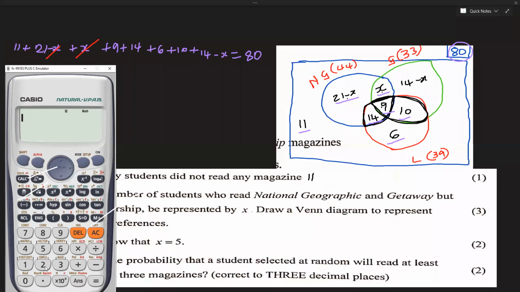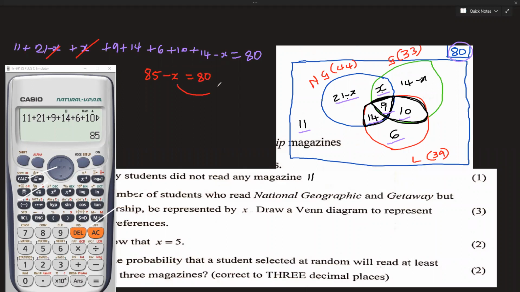Okay, so I have 11 plus 21 plus 9 plus 14 plus 6 plus 10 plus 14 equals 85, right? So the numbers are giving me 85. And then I have the minus x, then equals to 18.